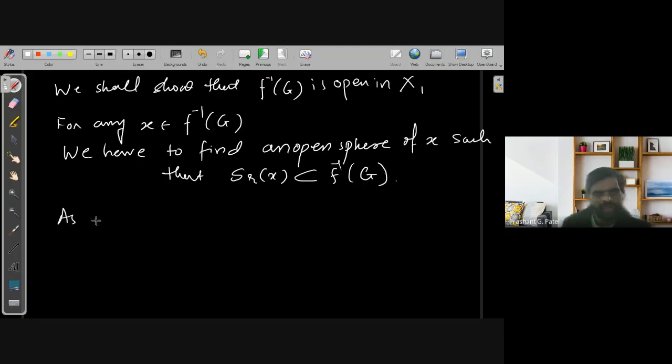As this x belongs to f inverse of G, it implies f of x belongs to G.